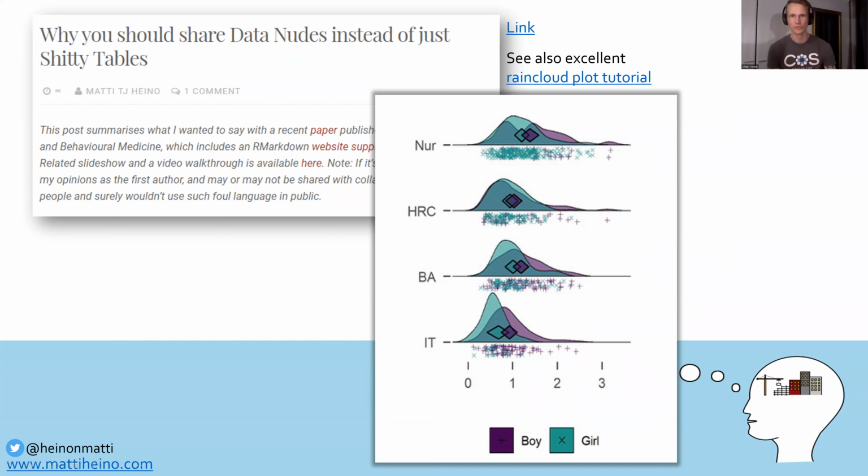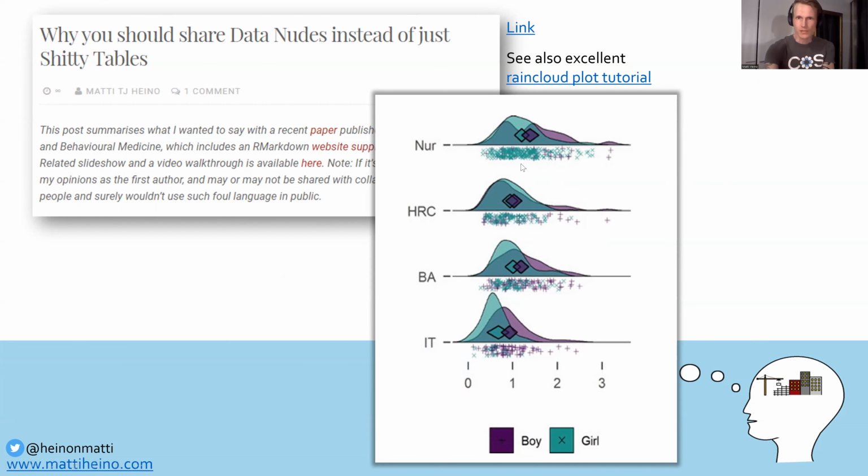I kind of grew fond of these, and I still like them because they show you the form of the distribution, and you can compare different groups, and you still see the data. Each of these is a data point here.